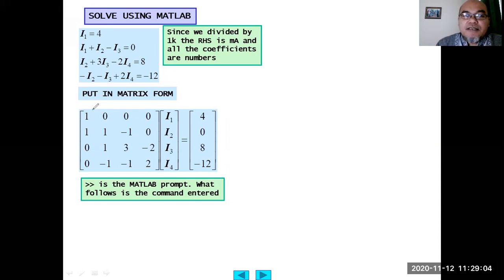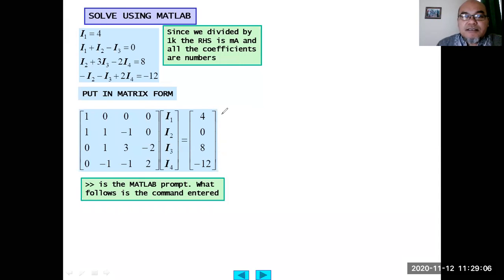Basically, the matrix product here equals this coefficient multiplied by this, plus this multiplied by this, plus this multiplied by this, plus this coefficient multiplied by this, and that will be equal to I1. 0 times I2 is 0, 0 times I3 is 0, 0 times I4 is 0, so I1 equals 4, right?